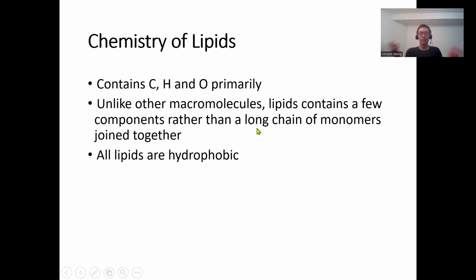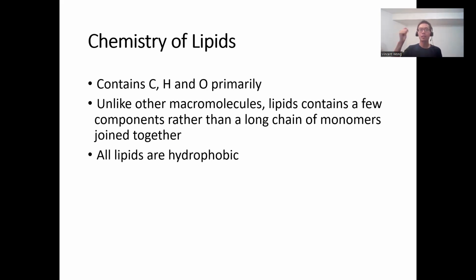So, lipids. What are lipids made up of? Well, surprisingly, just like carbohydrates, they also contain C, H, and O primarily. It's the same 3 things that make up carbohydrates as in lipids. But of course the way that you connect them is different, which is why the end result is also different. Now, lipids are a little bit special when compared to the other 3 types of macromolecules.